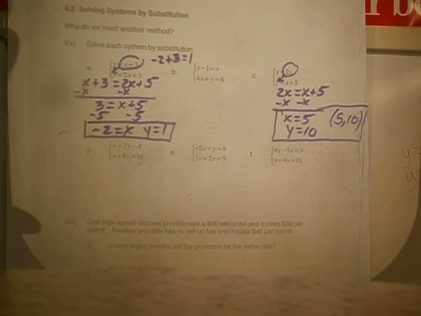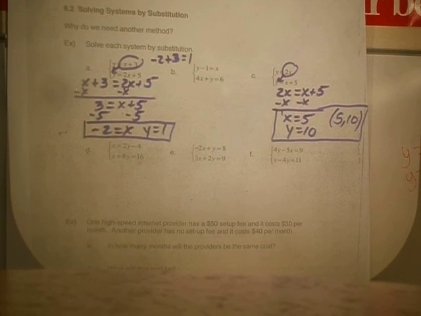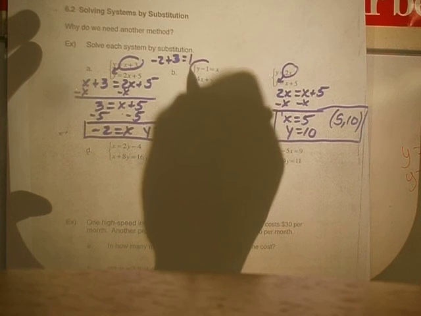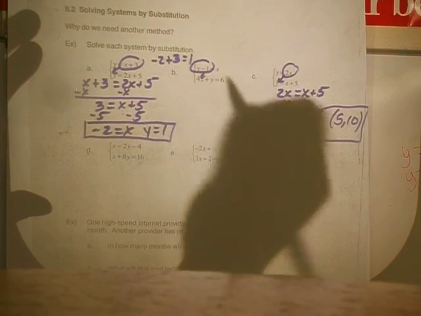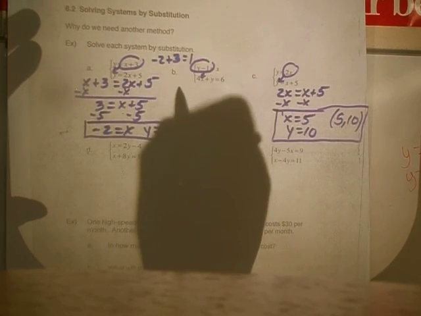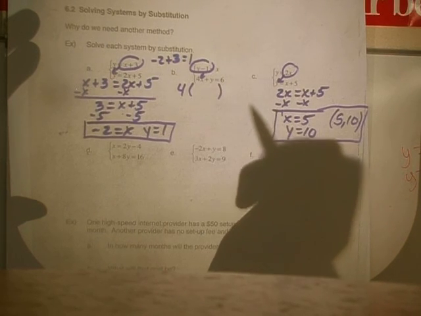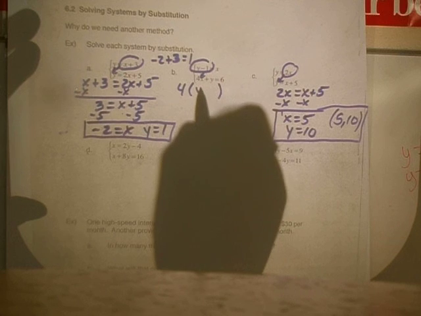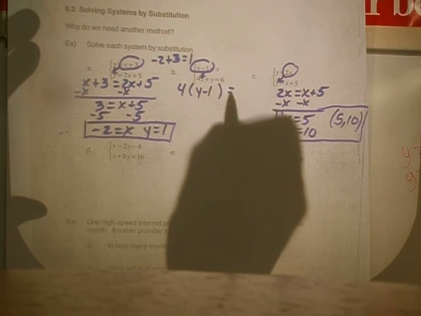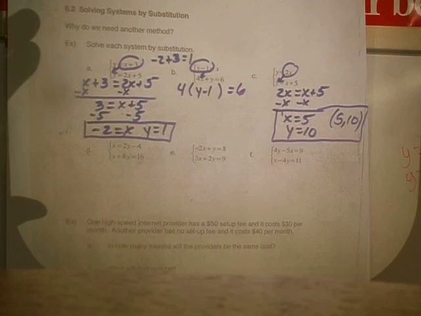Letter B is a little bit different. We have y minus 1 equals x. We're going to take this and put it in place of the x. So you will have 4. We're going to put that whole thing in place of the x, which is y minus 1, and that is going to equal 6.